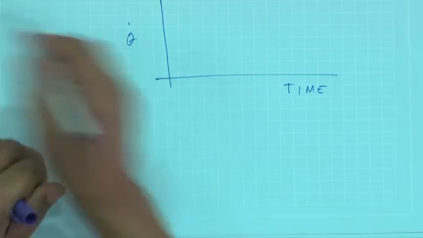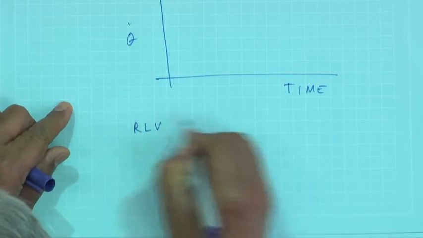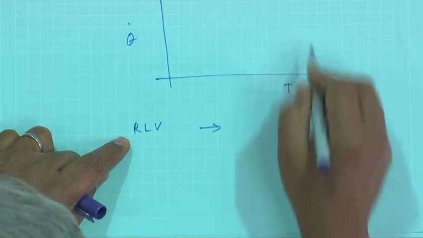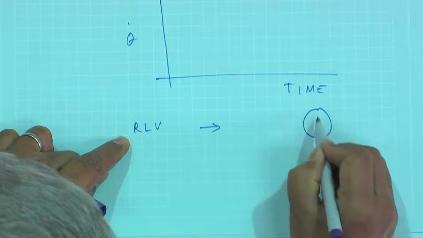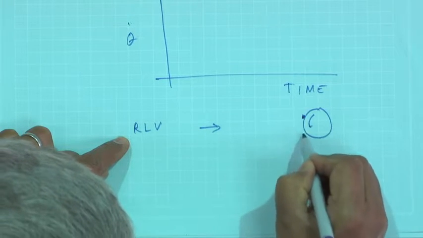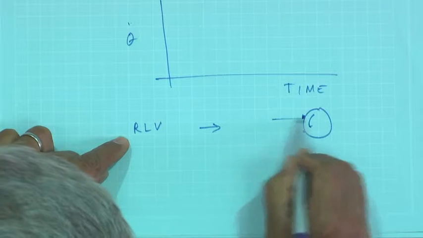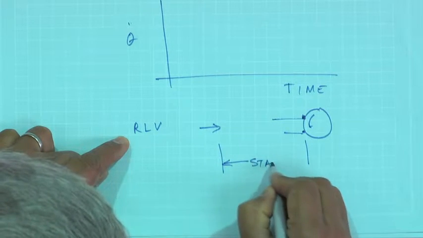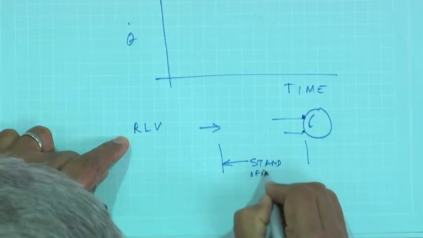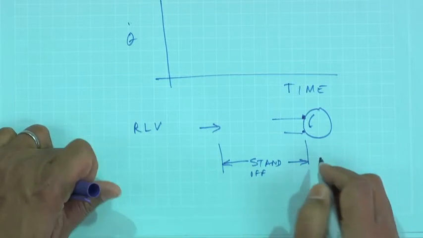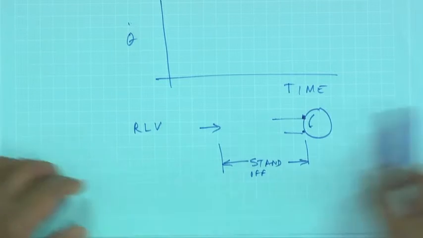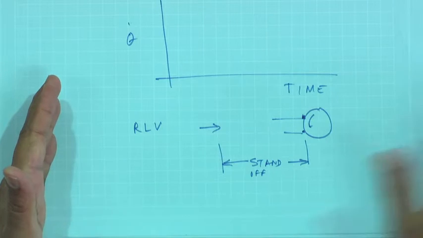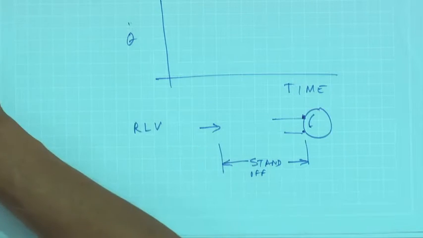But the problem with this rotational laser vibrometer is that for a fixed RLV to focus on a rotating shaft, because of this separation distance, there is what is known as the standoff distance. So, one has to be careful about this standoff distance, unlike the linear laser vibrometer, where you can measure from a large distance.